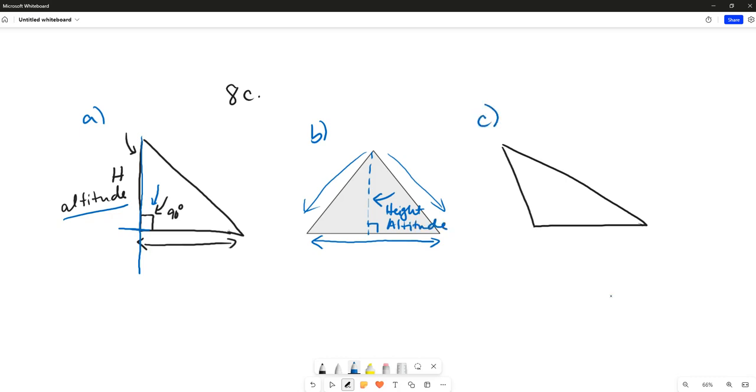And then in the same way, C, this is not perpendicular. So we have to draw a perpendicular line here, and this is the height or altitude of our triangle. And then from here to here would be our base.